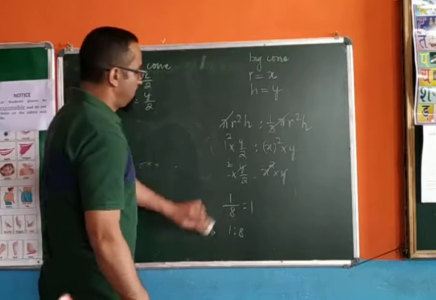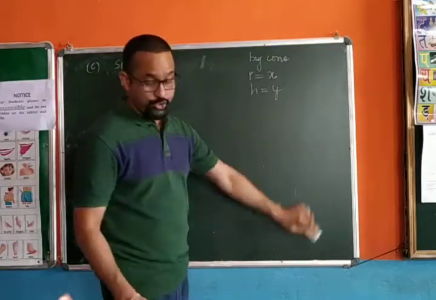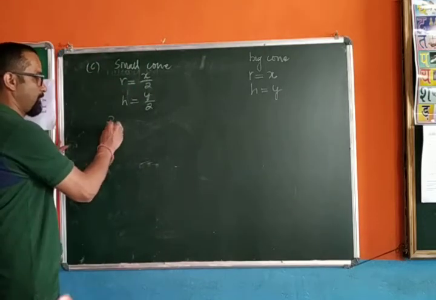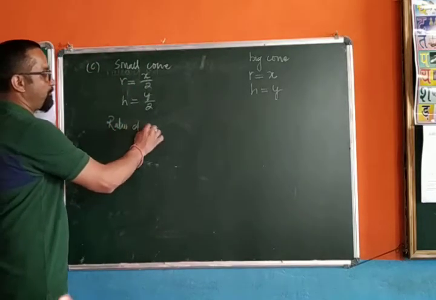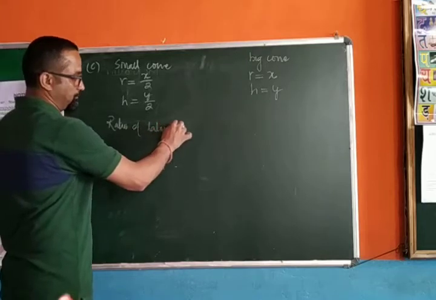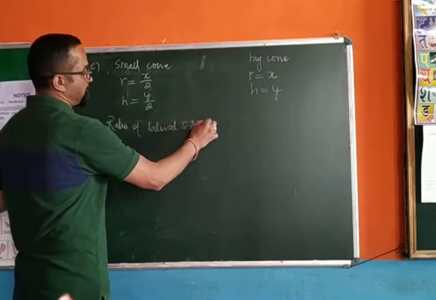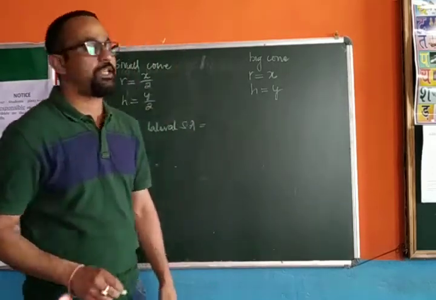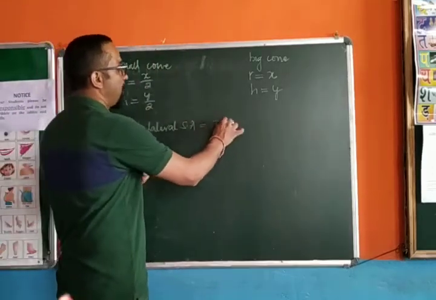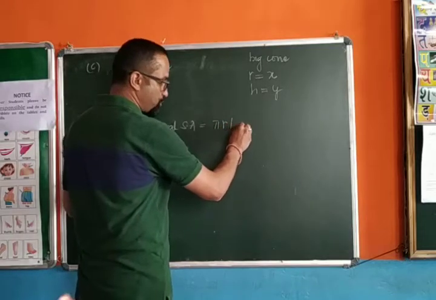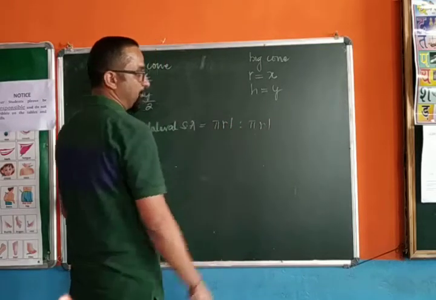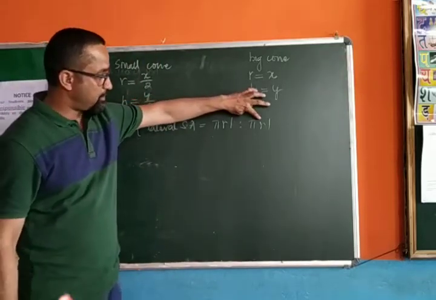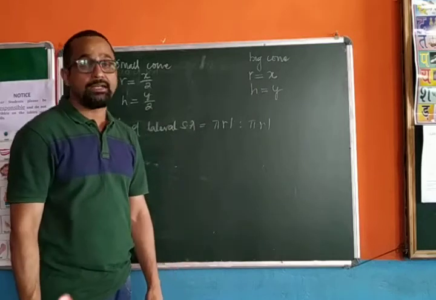Second part, the question says find the ratio of their lateral surface areas. Ratio of lateral surface area. Lateral surface area is another name for curved surface area. It is pi RL is to pi RL. If you look at this one, we know radius, but we do not know slant height.